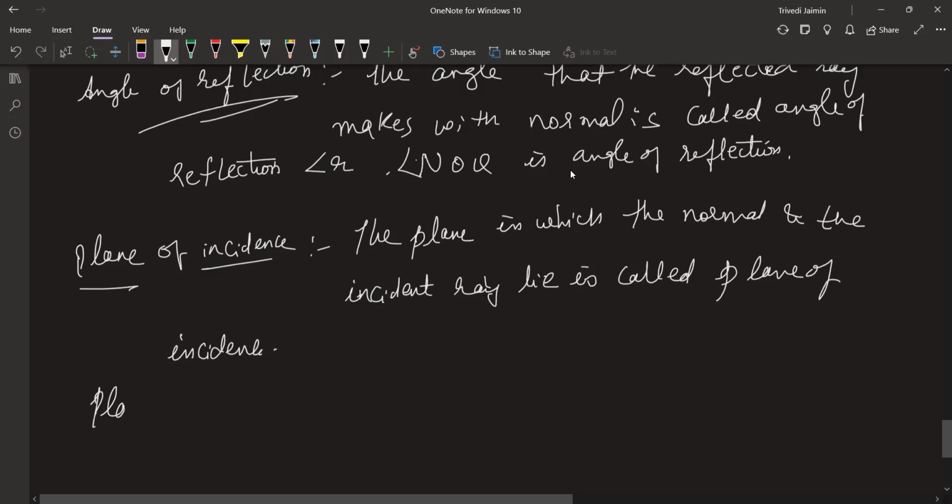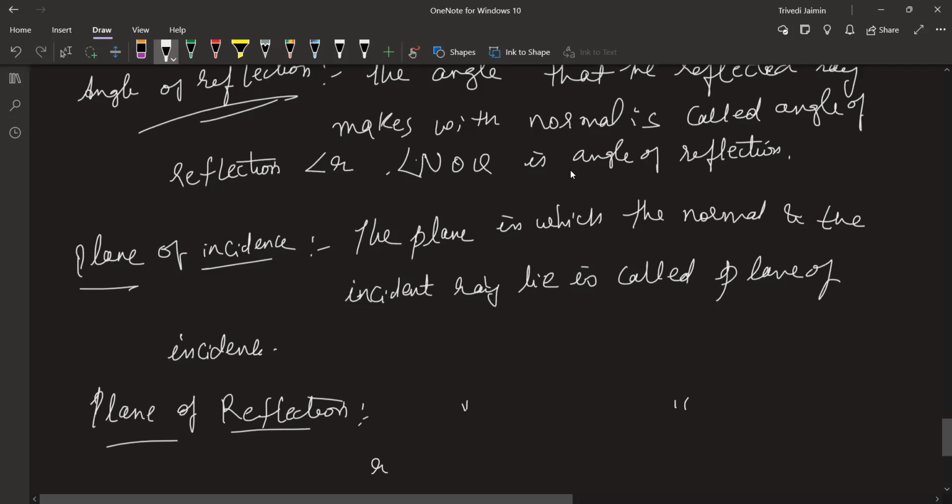Same way, plane of reflection. Similar thing. The plane in which the normal and the reflected ray lie is called the plane of reflection.